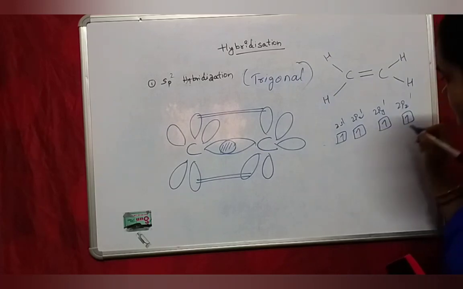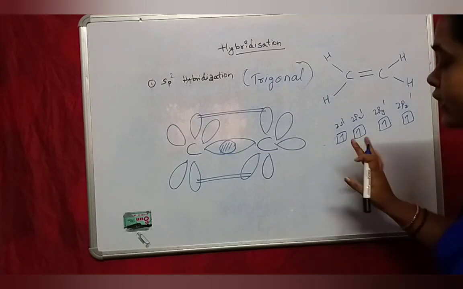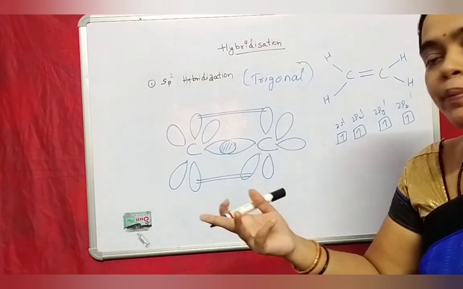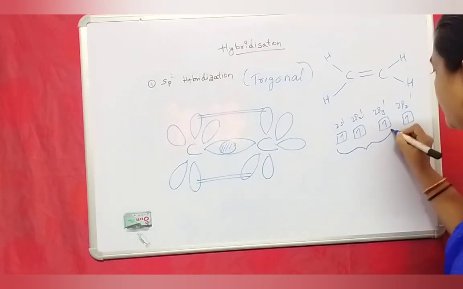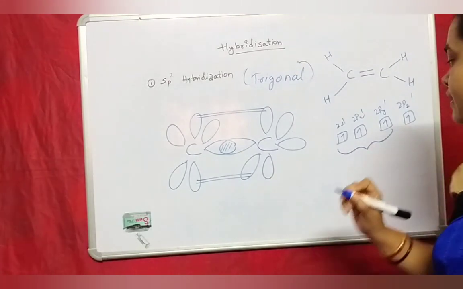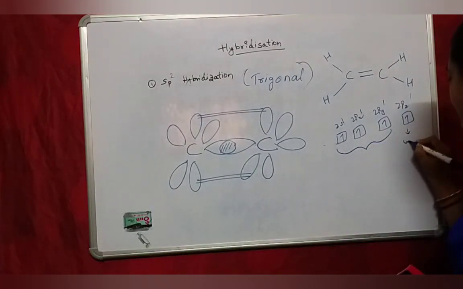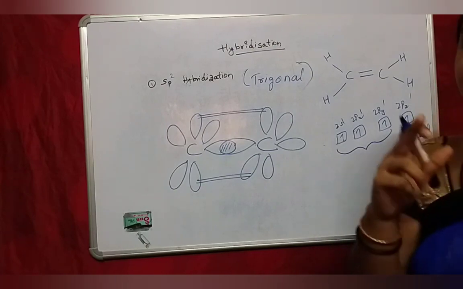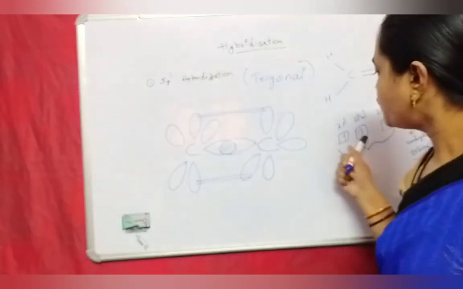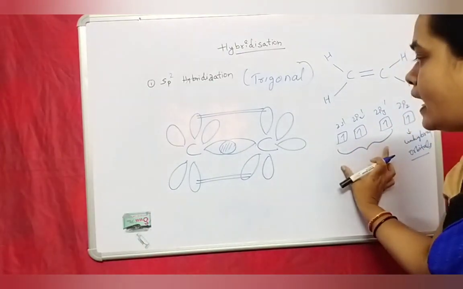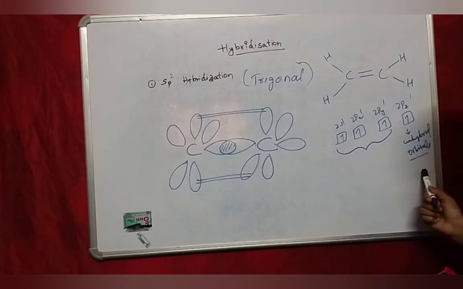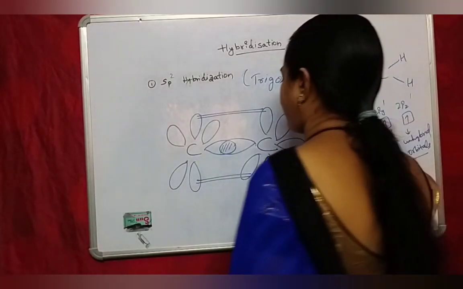But in sp2 only 3 orbitals, that means one s orbital of carbon and 2 p orbitals of carbon, participate in hybridization, while this one remains an unhybrid orbital. What happens in sp2 hybridization? One s orbital and 2 p orbitals of carbon participate in hybridization, while the 2pz remains unhybridized.